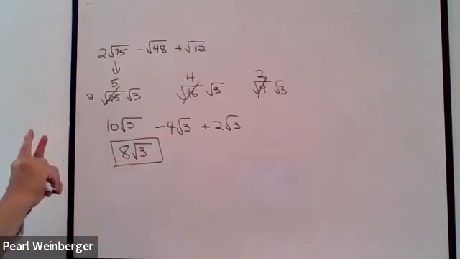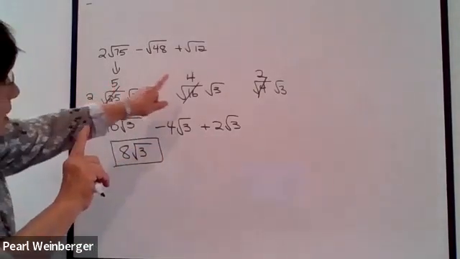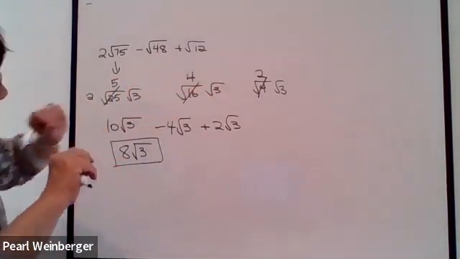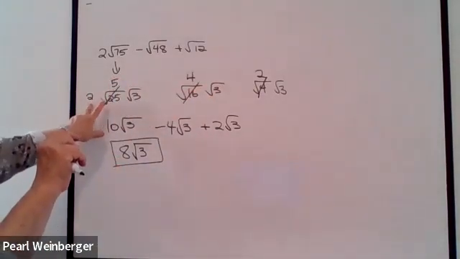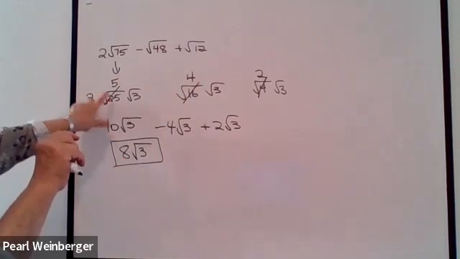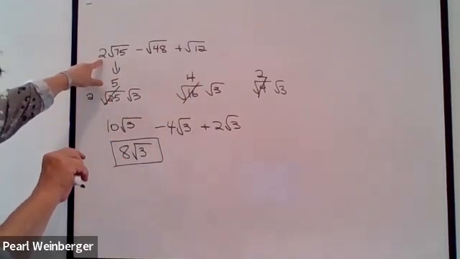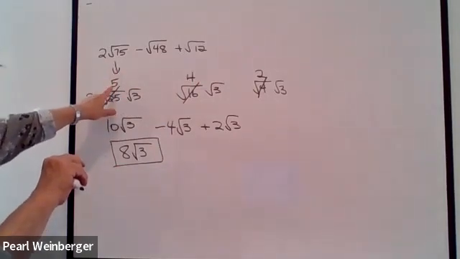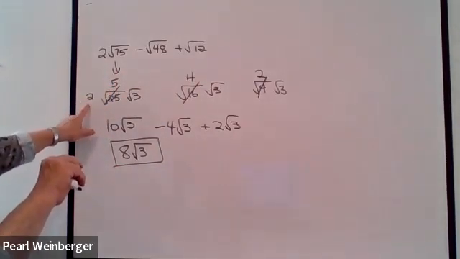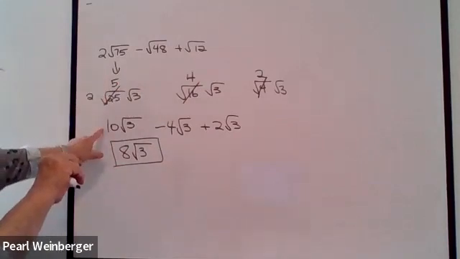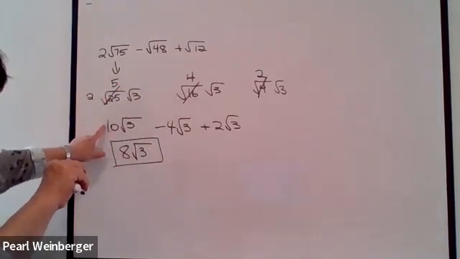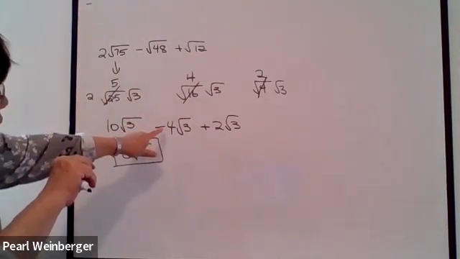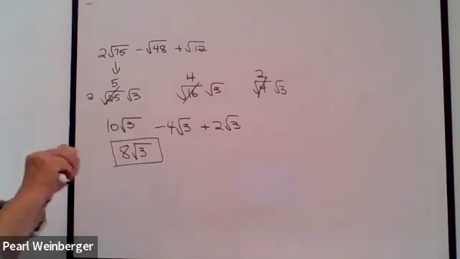So let's go through the steps again. Simplify your radicals as much as possible. If you end up with 2 numbers in front of your radical, because there was a number originally in front of it, and now you have this new number in front of it by simplifying, you just multiply those 2 numbers together. So here we got 10 radical 3 minus 4 radical 3 plus 2 radical 3.